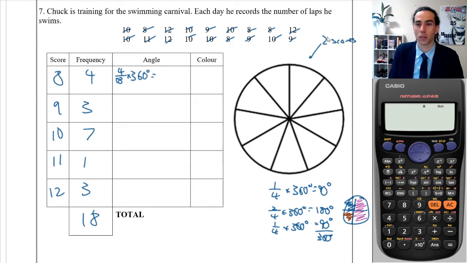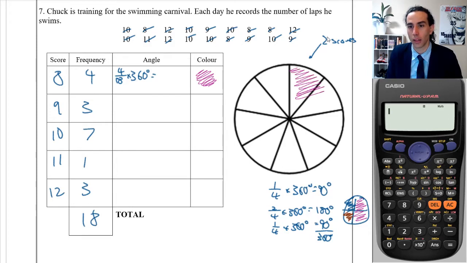So this is the lazy way to do things. Here's our 8s. There's 4 of them. So that's there to there. 9s. There's 3 of those.